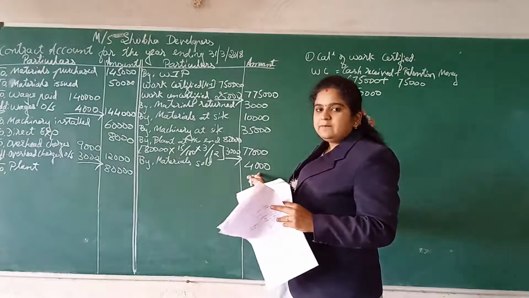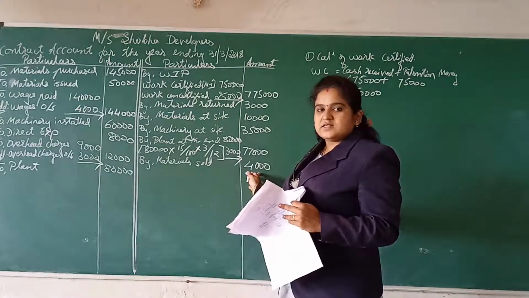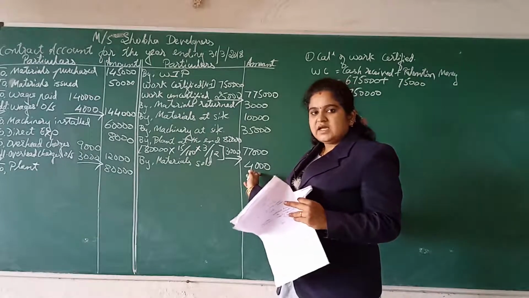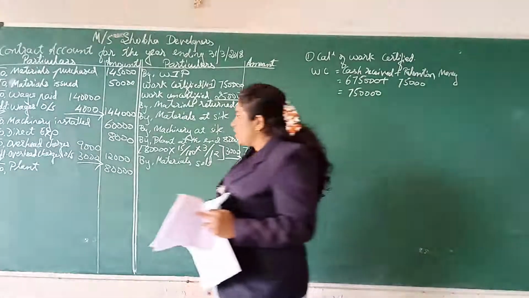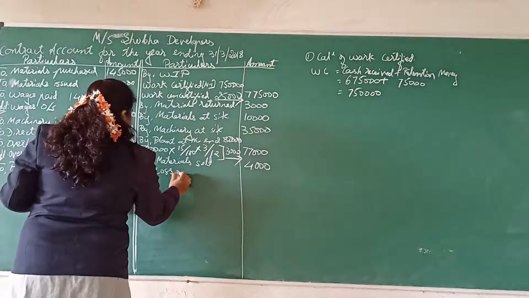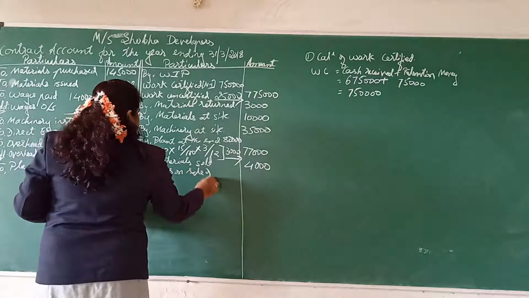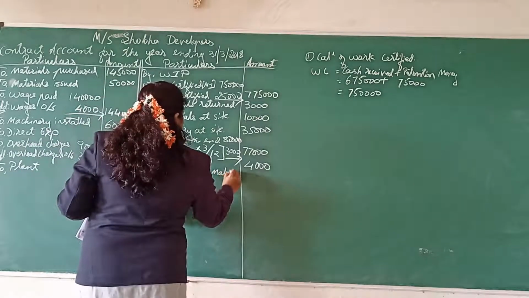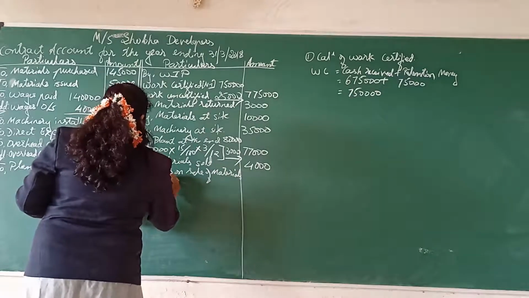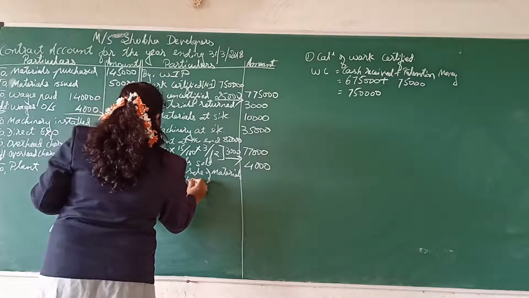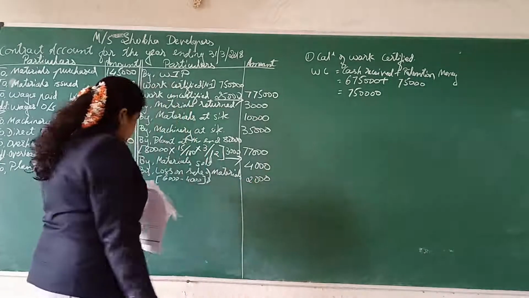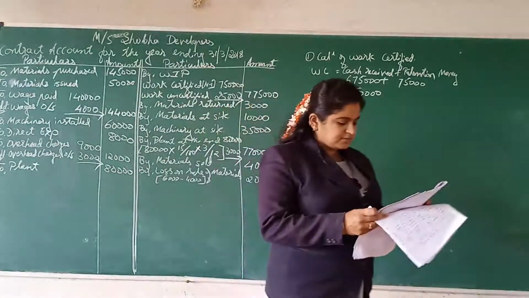It means what? They have made loss because cost price is more than the selling price. Okay, it means there is a loss. So loss again we are going to show it on the credit side by loss on sale of materials. That is 6,000 minus 4,000. So amount is how much? 2,000 is loss.